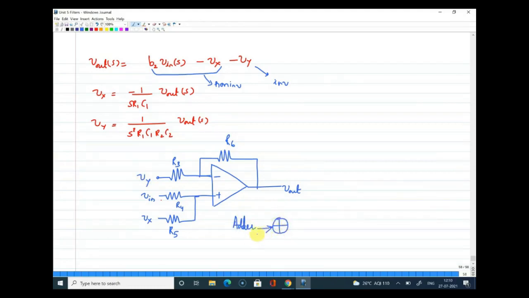One is from V in, B2 into V in of S, and another one here as Vy, and another one here as Vx. That is what you are seeing on the screen now. Any questions on this? Is this clear? Can I get some response?